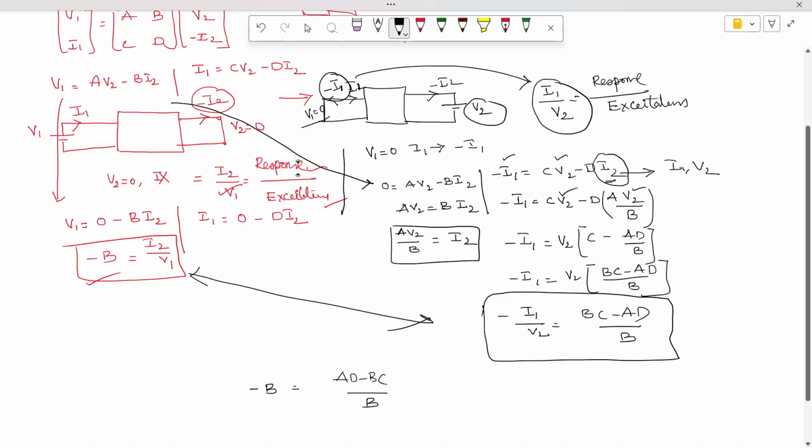Okay, so when you do this comparison, automatically, so this is 1 by B, small modification, automatically B will get cancelled and the ultimate value you are going to get is AD minus BC is equal to 1.